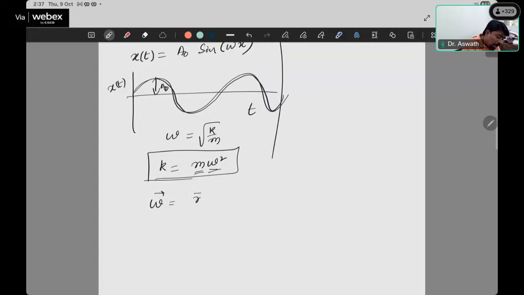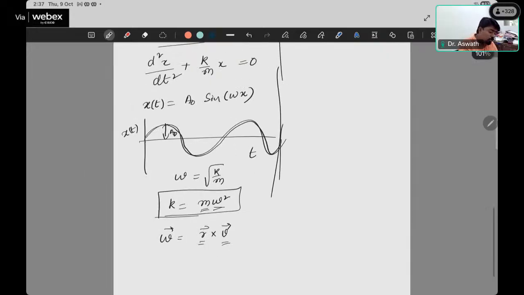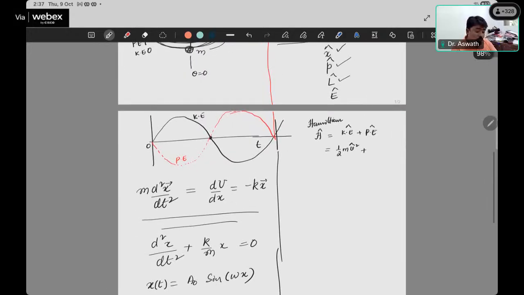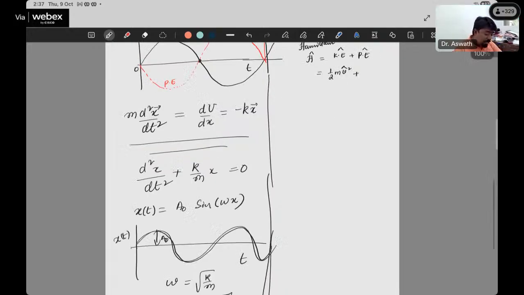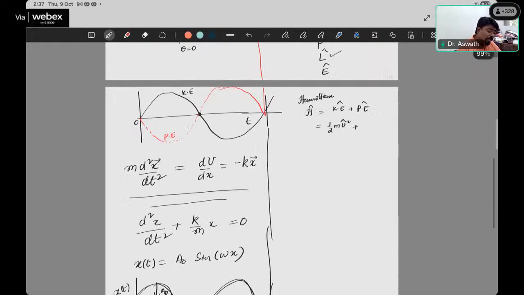It is r cross v, the radius about which something is oscillating, cross v. R can become quantum, v can become quantum, so overall omega can become quantum. So when I move from classical to quantum, I should write down the spring constant accordingly.